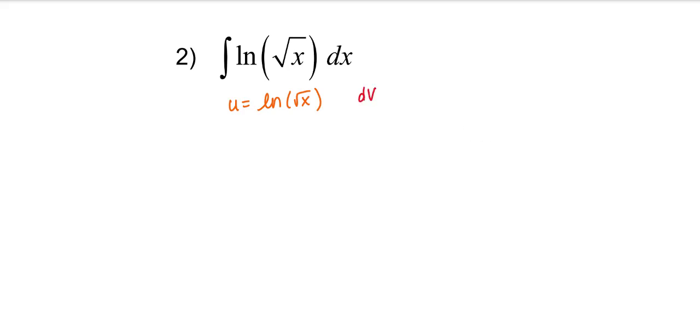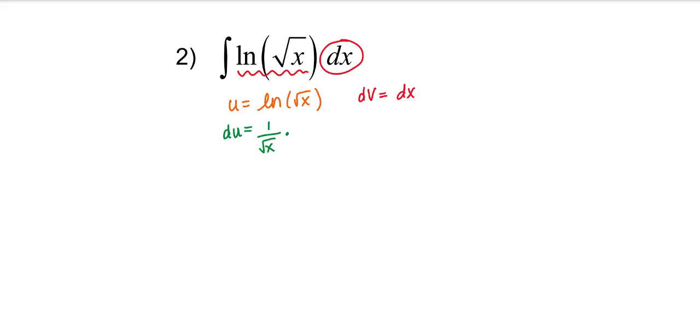So then what is the dv? Well, again, if I look across my u and my dv, it has to be the whole integrand. I already have natural log of square root of x accounted for, but look, you don't have your dx anywhere, so my dv just turns into dx. Now carefully, going from u, you're going to do the derivative of u. The derivative of natural log of a function is 1 over that function times the derivative of the function.